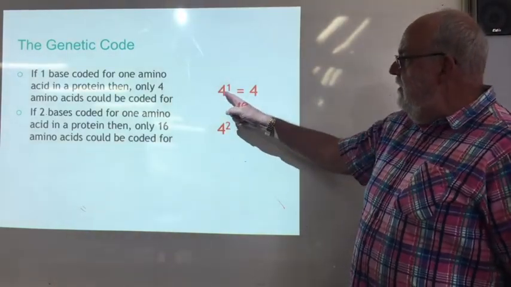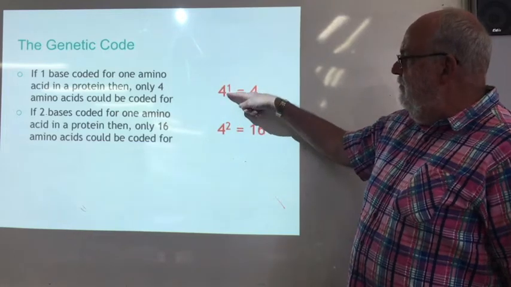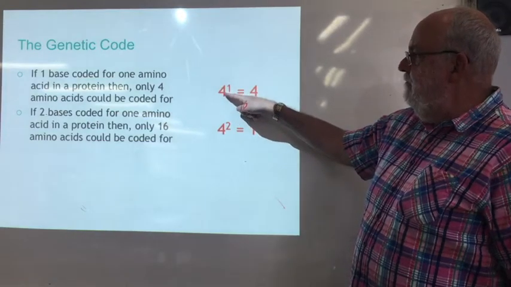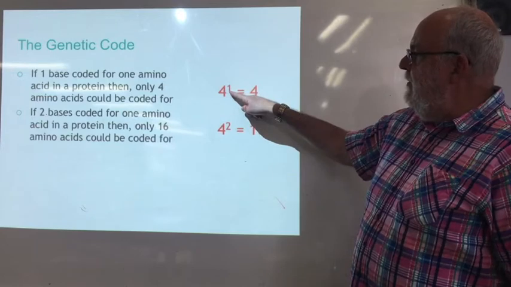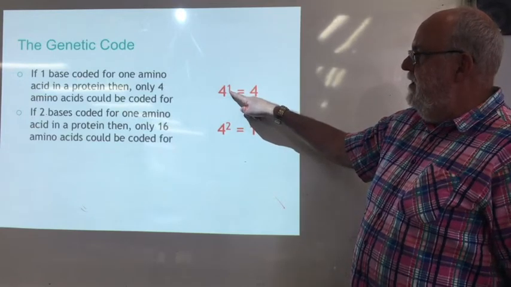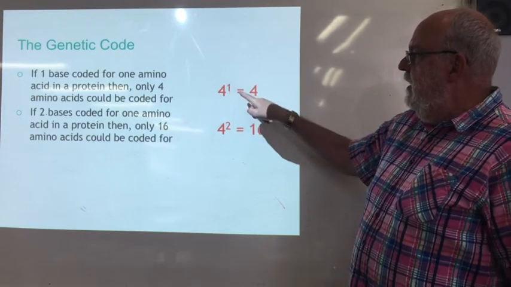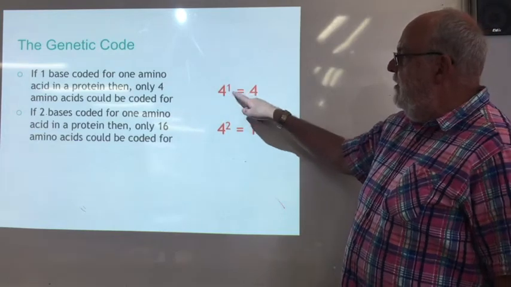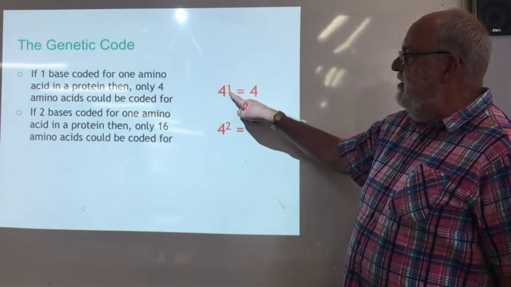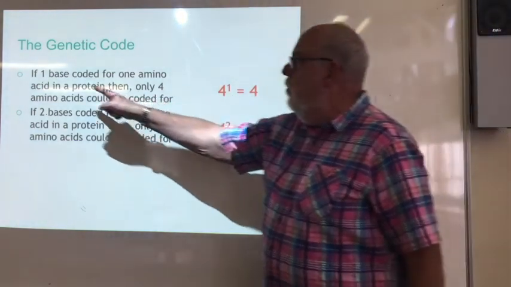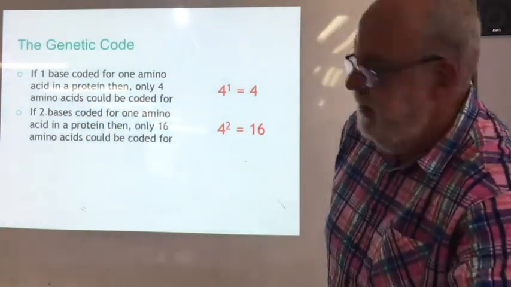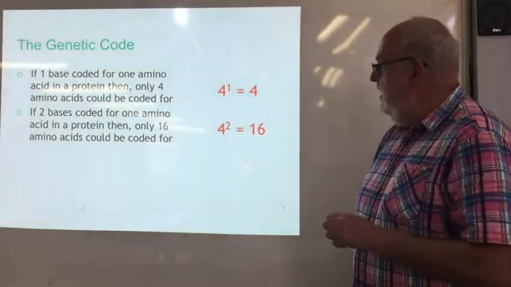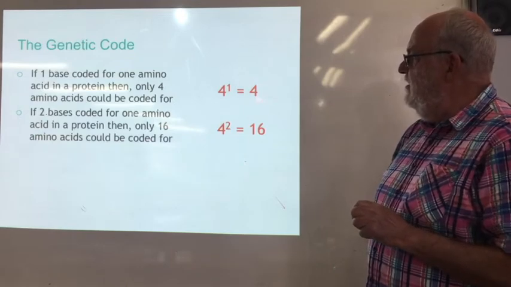So there's the 4 possible bases. That's the number of amino acids that it's going to code for. That's the number of bases that you're going to use, in this case, 1 base. And that gives you only 4 amino acids.